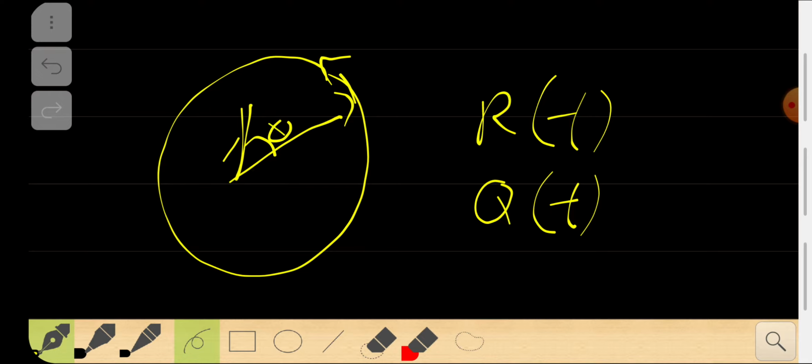That means the angle swept across different times will differ. It will go faster from this part to this part, and slower from this part to this part. The radius will be higher in this part and smaller in this part. So that kind of elliptical orbit, something like that. So any mode of rotation, right?